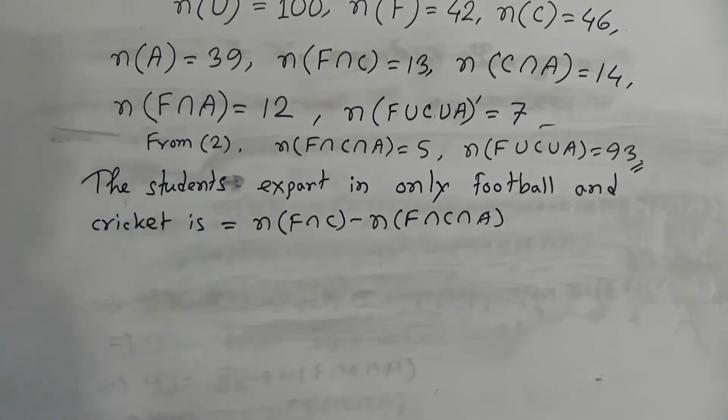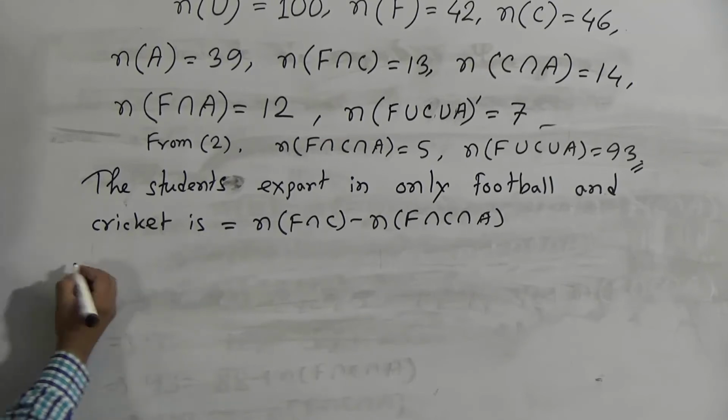Like this one we can calculate the other two, that means football and chess, cricket and chess we can calculate, okay. Football and cricket is this one, like this, okay.